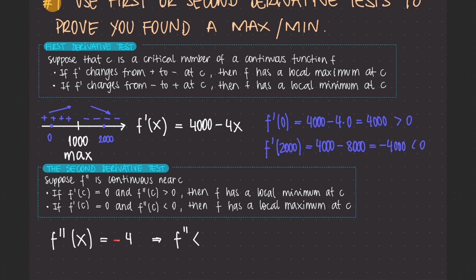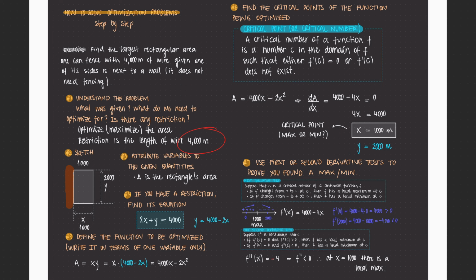Given that the second derivative is less than 0, at x equals 1000 we have a local maximum. Do know that most often, for different types of exercises, the second derivative will be a function of x. So you need to plug in the critical point to determine whether it is positive or negative, to then conclude it is a minimum or maximum respectively.